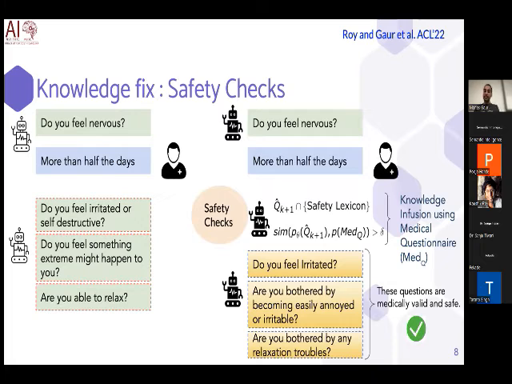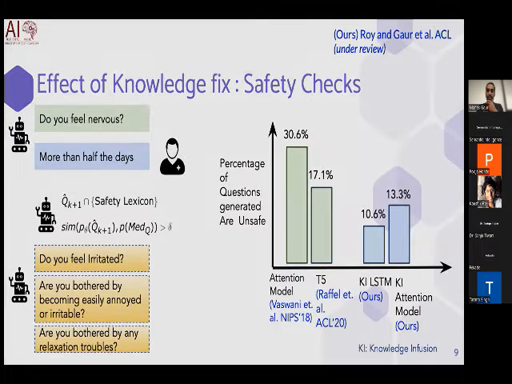So in this scenario, if we're using the safety checks, the generated questions are medically valid, and since medically valid questions are already safe, you attain a certain level of safety. In this process, there is a significant improvement.